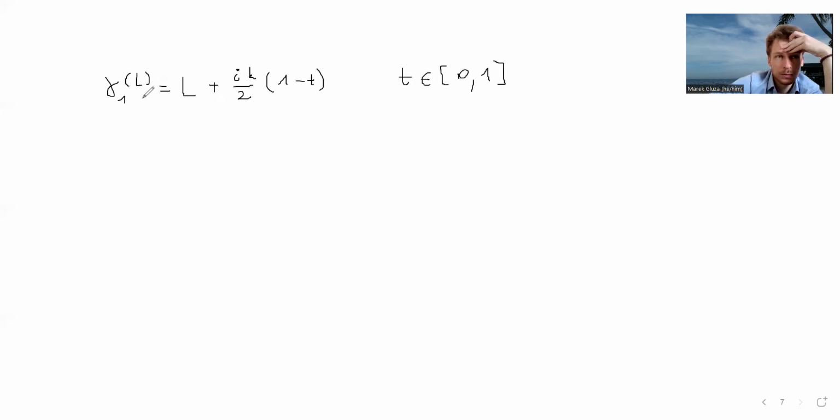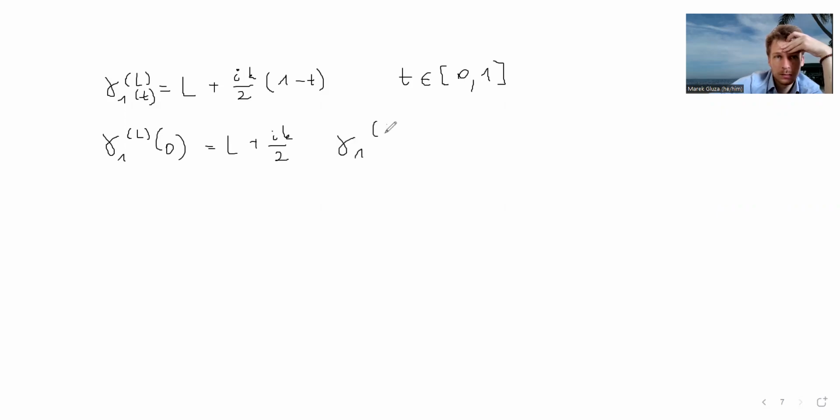So let me compute gamma of t. So gamma 1 L of t at 0 is L plus ik/2.